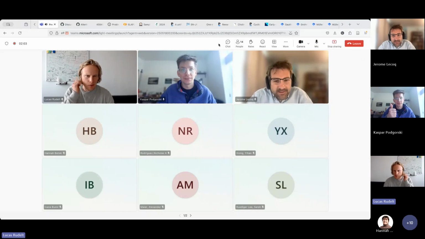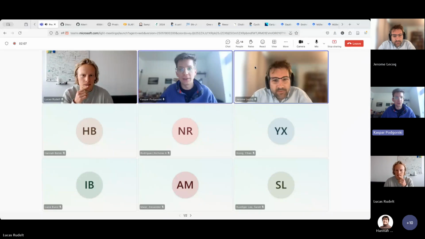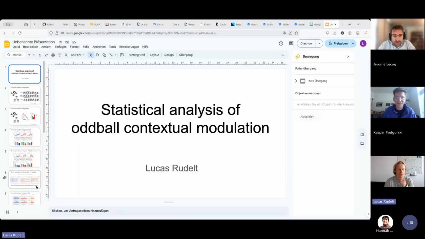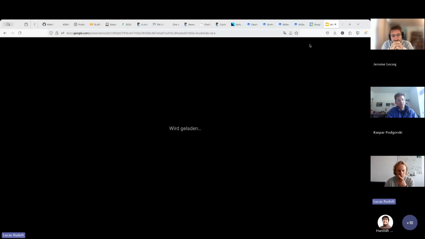So is it still the button, or now is it the screen with the Teams screen? Okay, perfect. I hope it's the browser. So if that's the case, you should see Google Slides now. That's right. Okay, perfect. Great. Yeah, I had some problems with PowerPoint, so I had to switch to this last minute. I hope this doesn't break it.